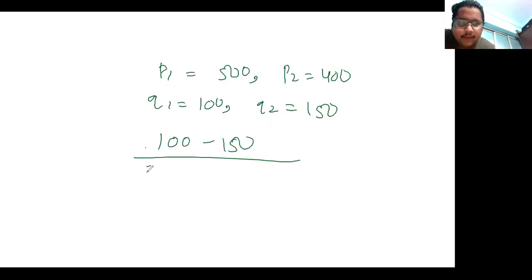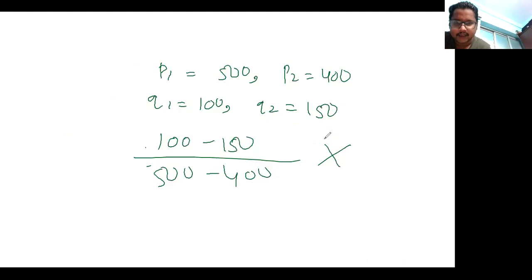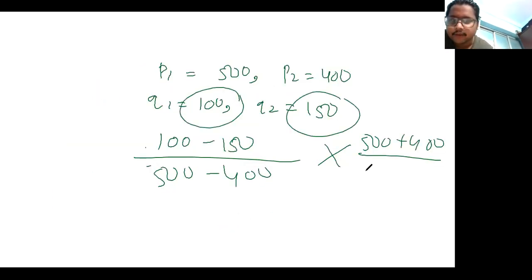So what is my P1? 500 minus P2, which is 400, into P1 plus P2, that is 500 plus 400, which will be 900, divided by Q1 plus Q2. Q1 is 100 and Q2 is 150. So 100 plus 150.